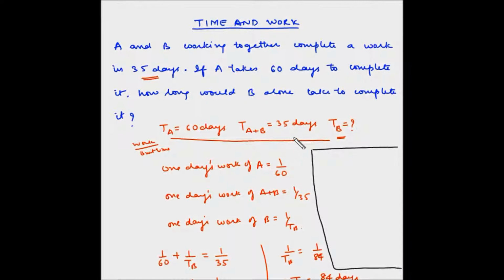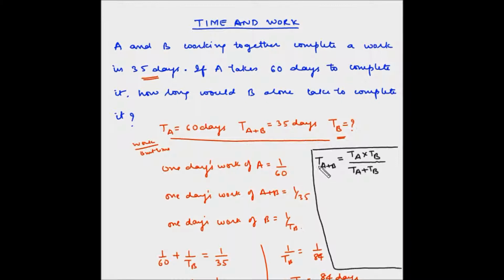Now with practice and by some formulas, you'll know that if TA is the time taken by A to complete a work, and TB is the time taken by B to complete the work, then the time taken by A plus B is equal to time taken by A multiplied by time taken by B divided by time taken by A plus time taken by B.